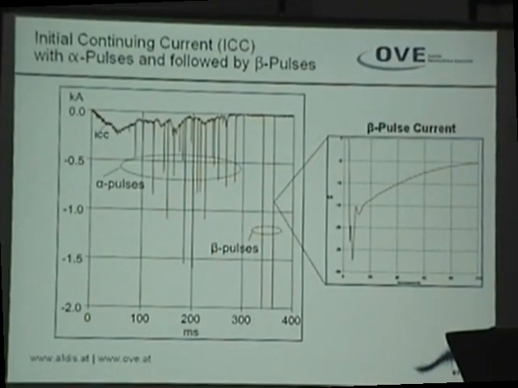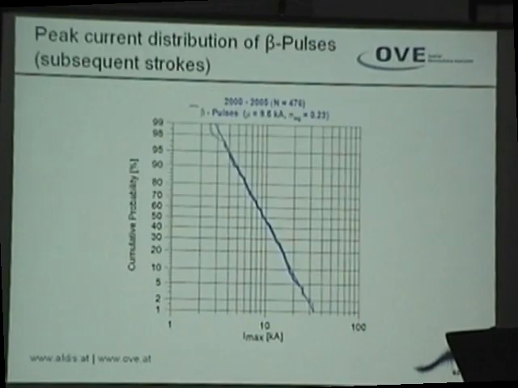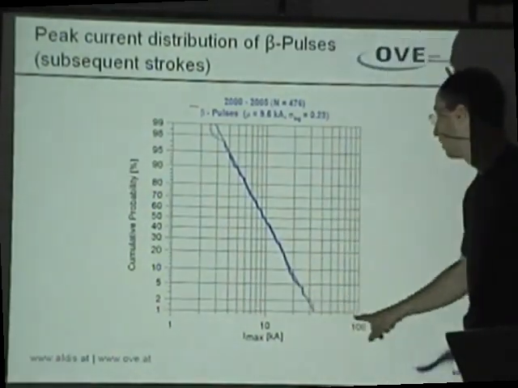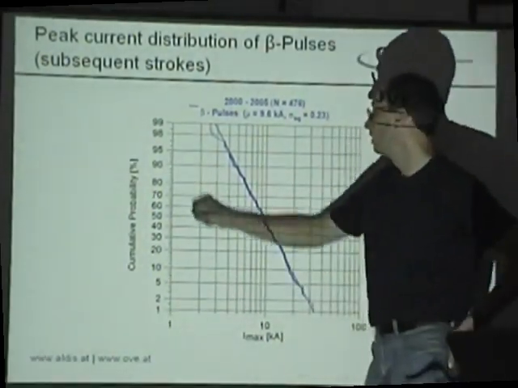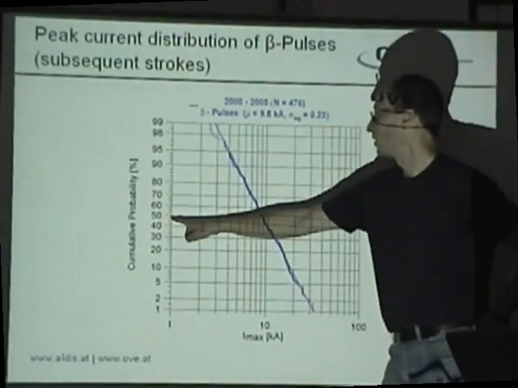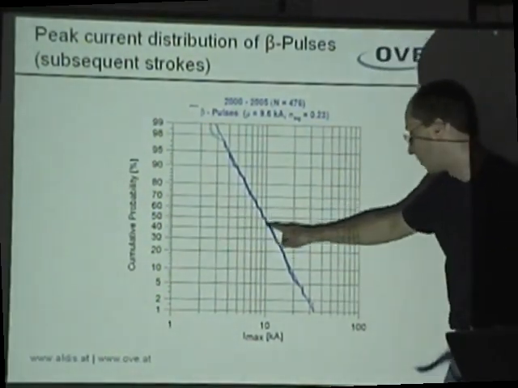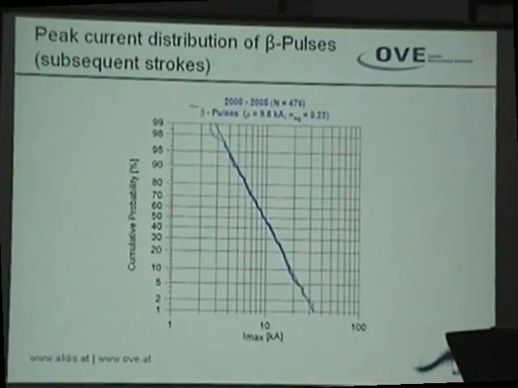So typical of a natural lightning subsequent stroke. If you make a peak current distribution, you have here the peak current and here the probability. You see that the 50%, the median value, is about 10 kiloamps. So it's quite exactly the value you get for subsequent strokes in natural lightning.